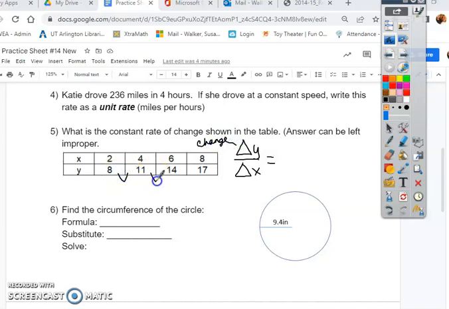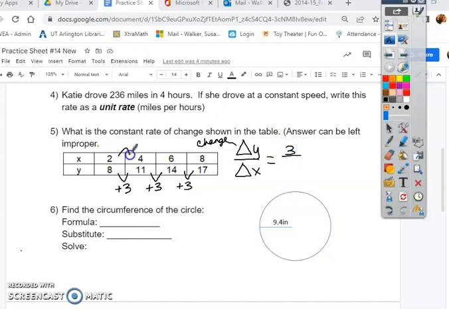So I have to figure out how much this is changing by. So how much is this getting bigger by? 8 plus what is 11? Hopefully you can tell it's plus 3. And 11 plus 3 is 14, and 14 plus 3 is 17. So 3 would go on top, okay?